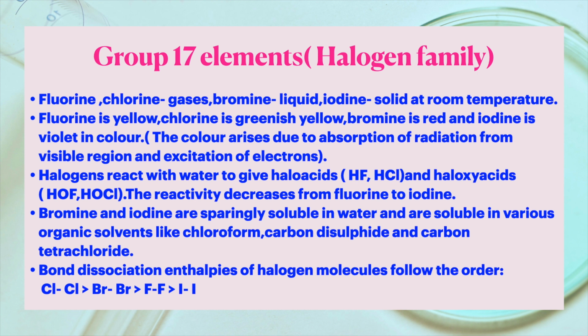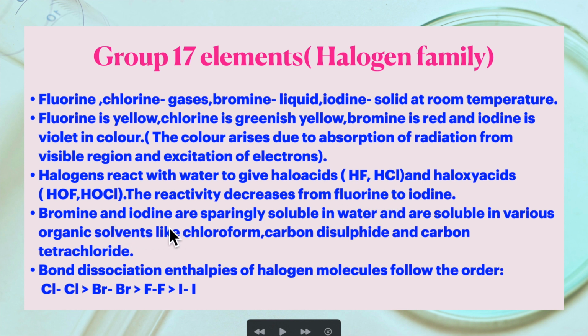Now halogens react with water to give haloacids. Generally fluorine and chlorine react with water to give hydrofluoric acid, hydrochloric acid, and halooxy acids also, HOF and HOCl. The reactivity of these halogens with water decreases from fluorine to iodine.